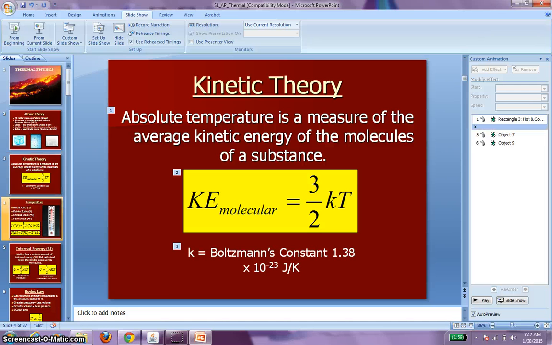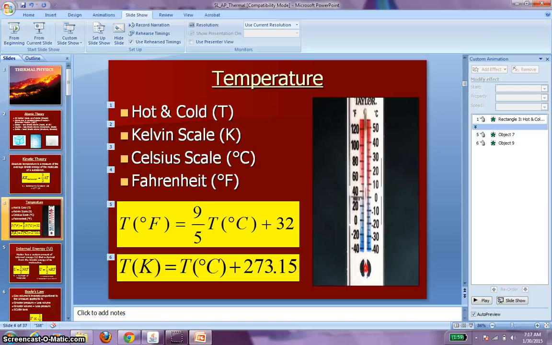Now, there are other temperature scales that we use, and so there are some conversions here. I wouldn't really worry about the Fahrenheit conversion at all. You most likely will never encounter one on a test or anything like that because we don't really use Fahrenheit in science. But down here you can see the conversion for Kelvin to Celsius, and this might be used more frequently.